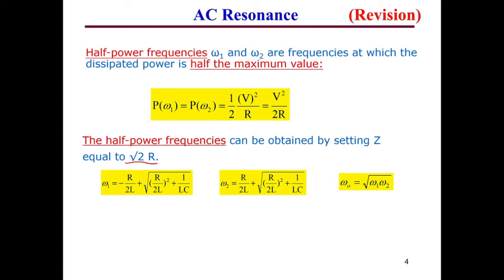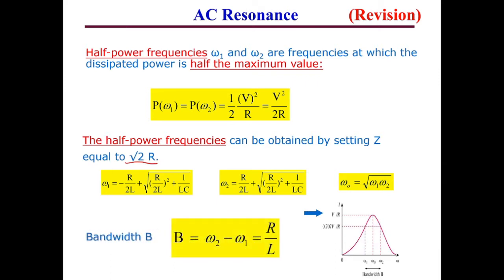W1 and W2 can be obtained from this one, and of course the resonance frequency lies between them. Okay. W2 minus W1, we said that we call it the bandwidth, call it B. And also the bandwidth can be obtained by dividing the resistance of the circuit by the inductance.